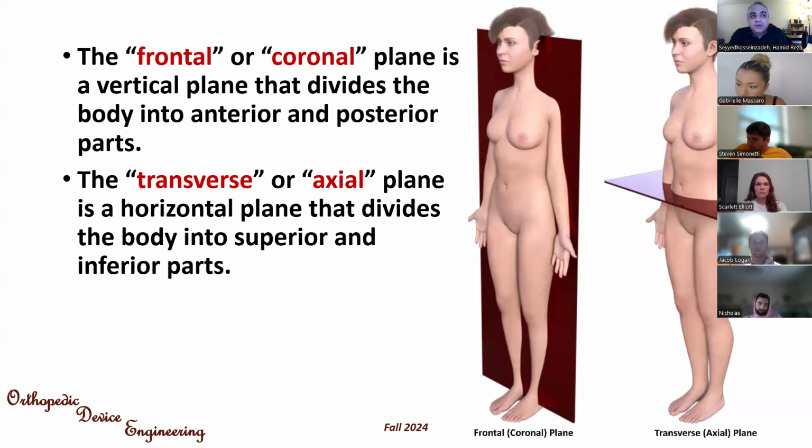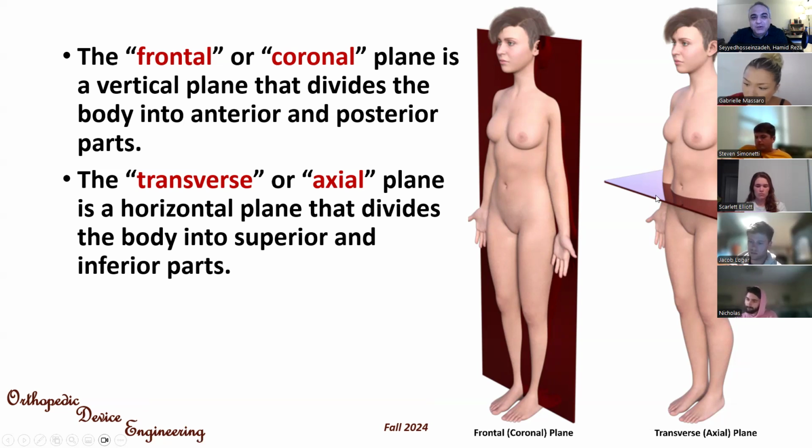Another plane is called frontal or coronal, and it divides the body into anterior and posterior. We don't have any mid-frontal because the body is not symmetrical from anterior to posterior. And also in axial or transverse plane, we don't have any mid-transverse.